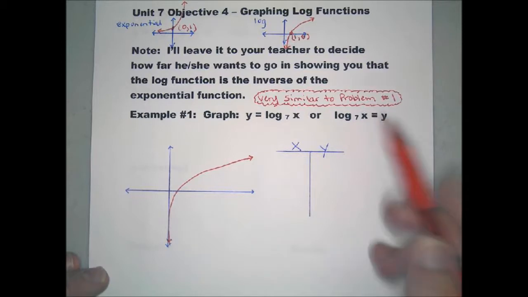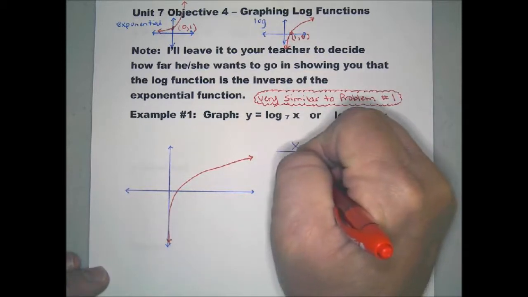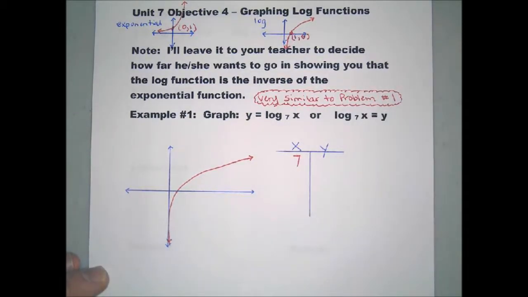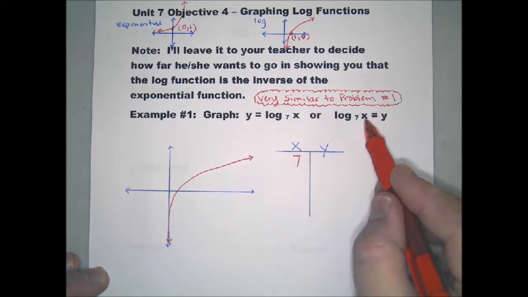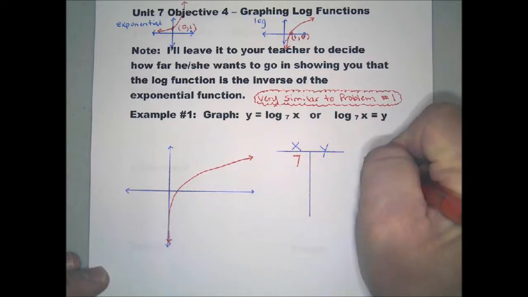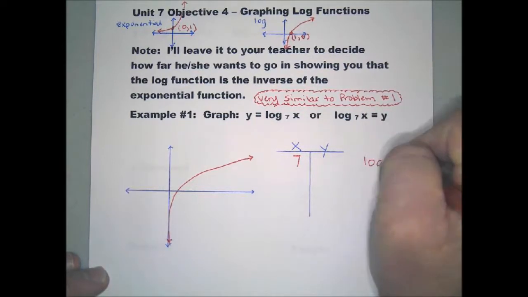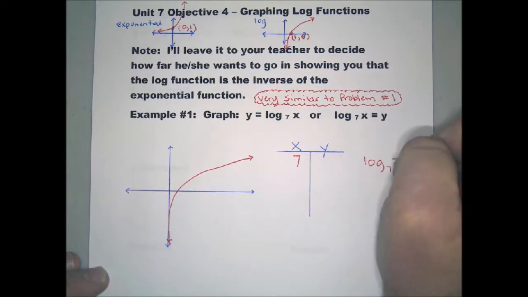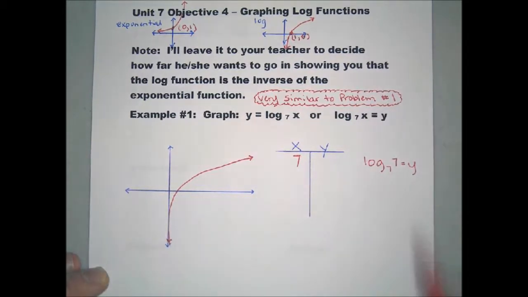For instance, if I picked the point x equals 7, and I substituted it right there, I would be solving the equation, what is log base 7 of 7? And hopefully by now, you realize that answer is 1.